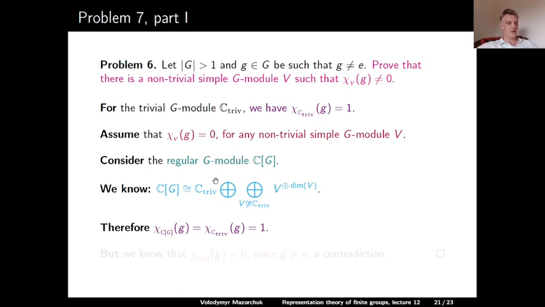So because we have the value 1 coming from the trivial module, and we have 0 coming from all other non-trivial modules V by our assumption. However, we know that the character of the regular module evaluated at any non-identity element is equal to 0. And this gives us our contradiction, which completes the proof.